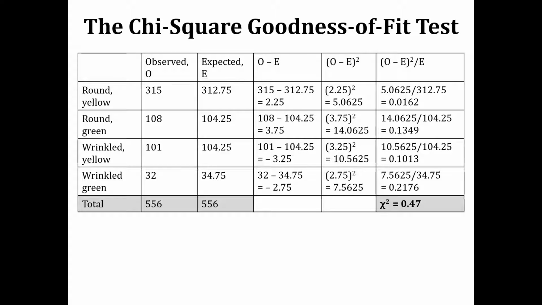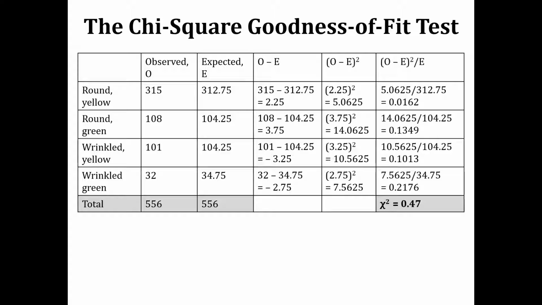So 5.0625, which is the square of the difference between observed and expected frequency of round yellow, is divided by the expected frequency of round yellow, and we have the value 0.0162. We do the same calculation for round green, wrinkled yellow, and wrinkled green.